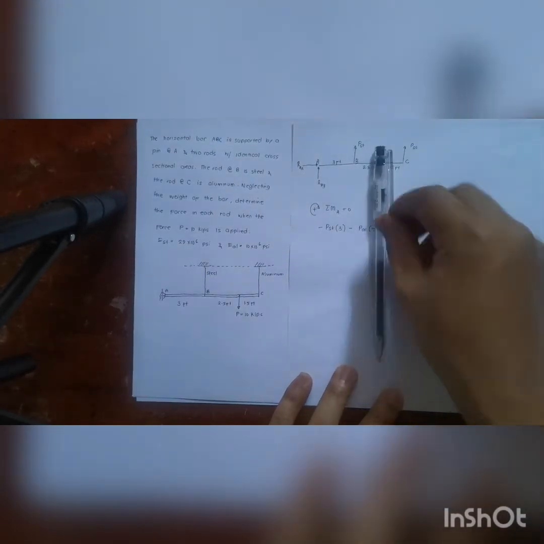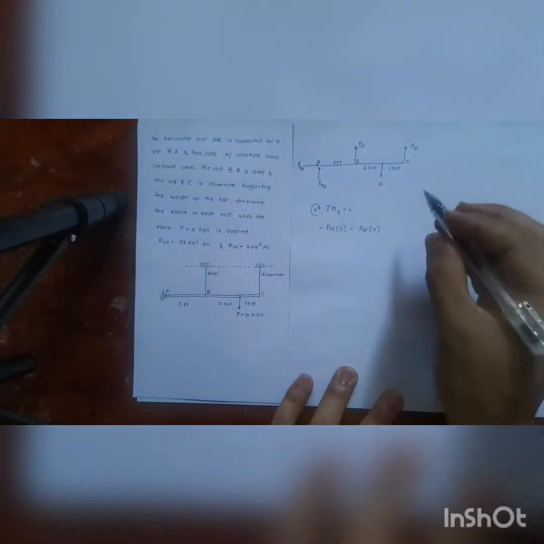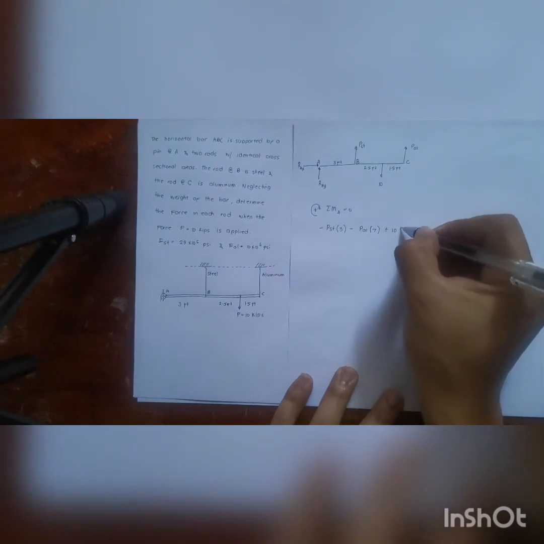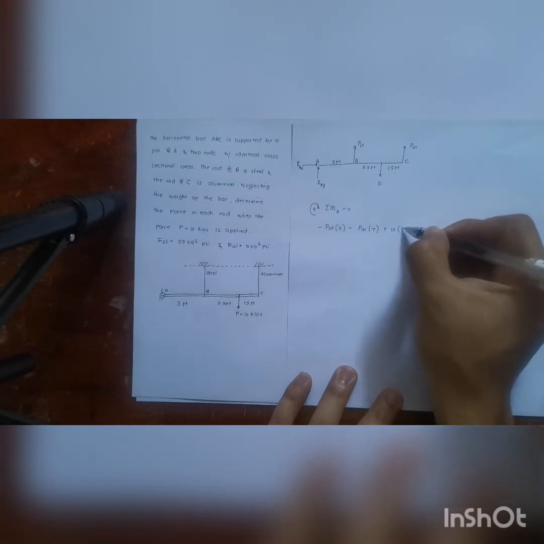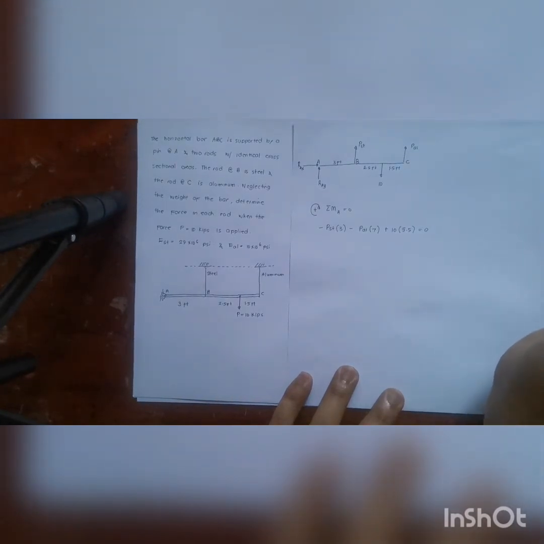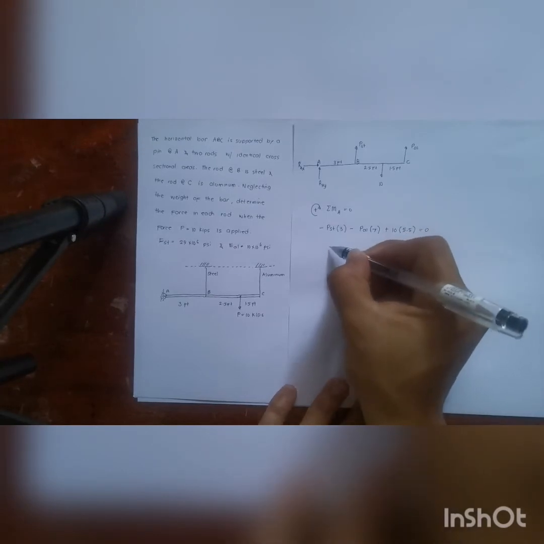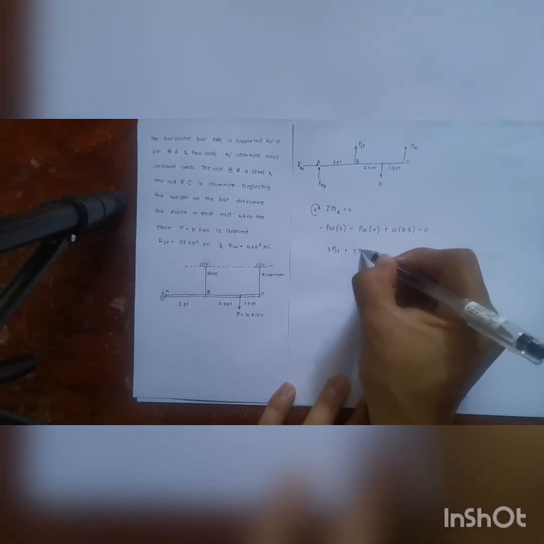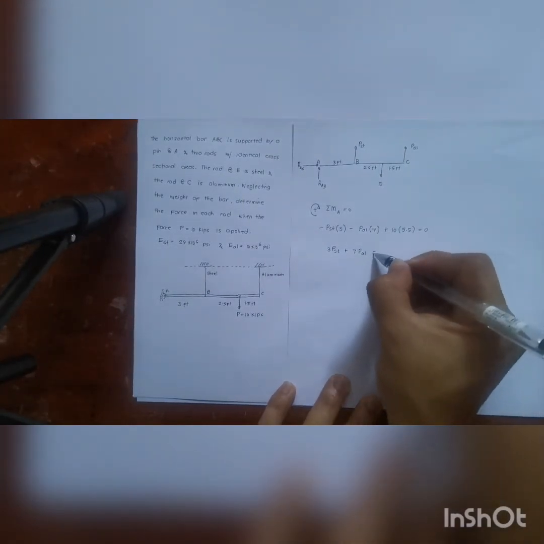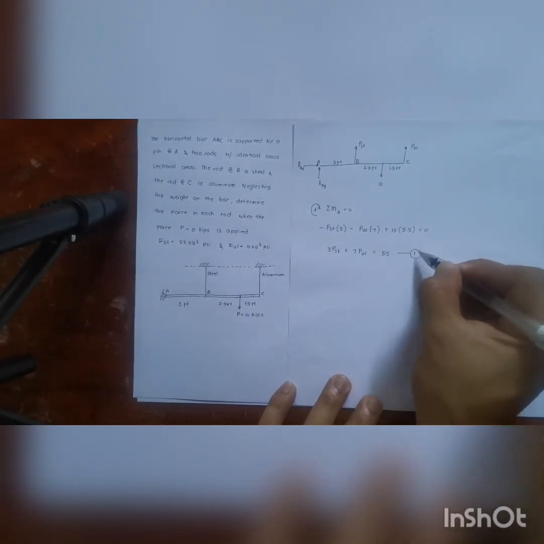And the 10 kips downward about point A is clockwise, therefore positive moment: plus 10 multiplied by a perpendicular distance of 5.5, equal to 0. Let's rearrange our equation. Therefore, 3 PST plus 7 PAL equals 55. This is our equation number 1.